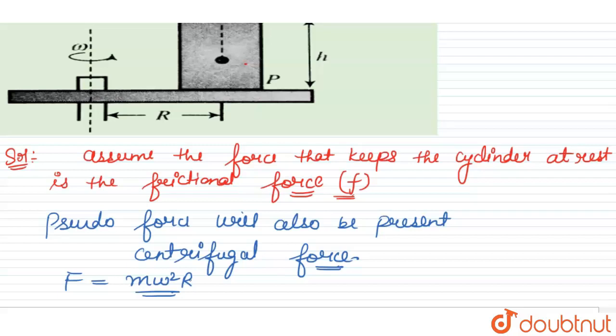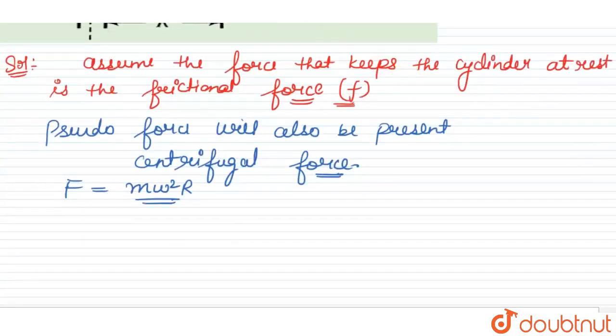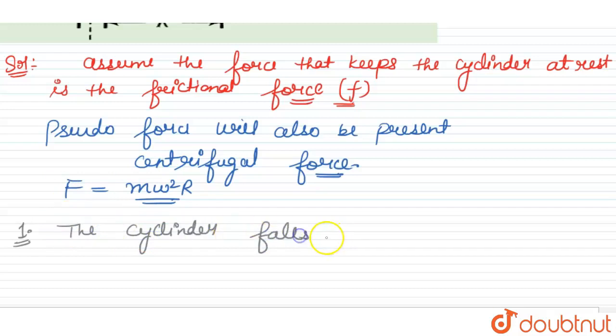Okay, now we will talk about the first condition. The cylinder falls off either by slipping or by tilting.